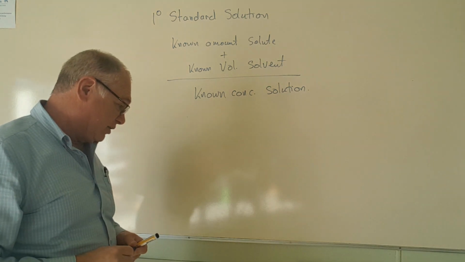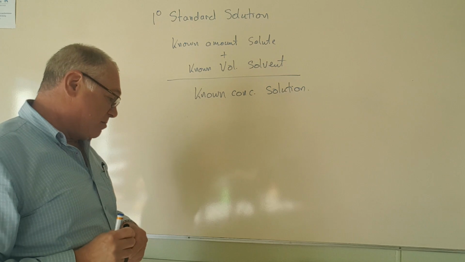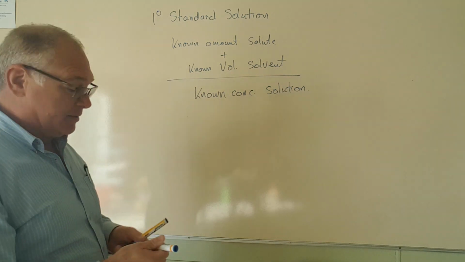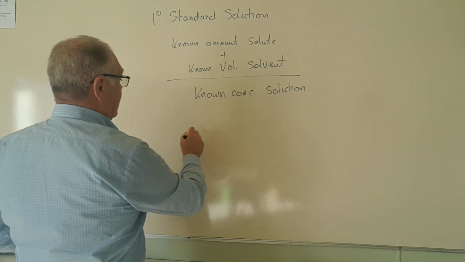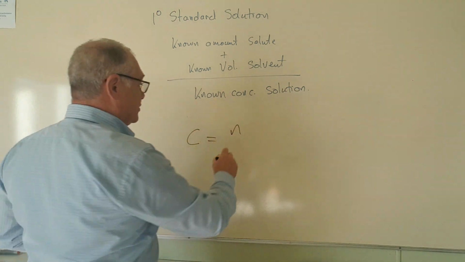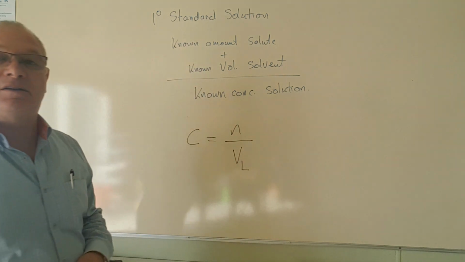Primary standard solution. And when we get back into the lab, we will get you making up some primary standard solutions. So the concentration is the amount, usually in moles, divided by the volume in litres.